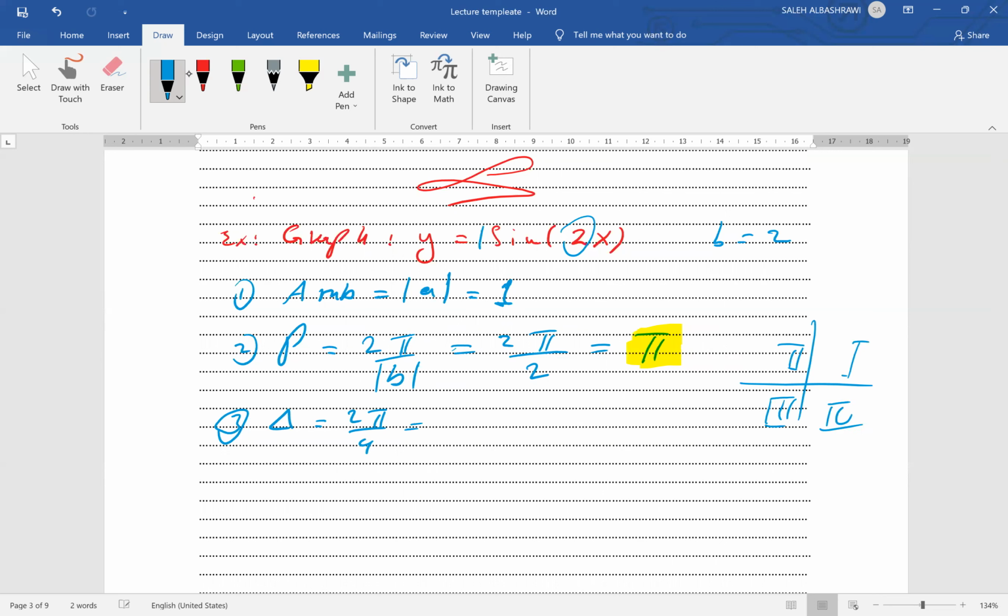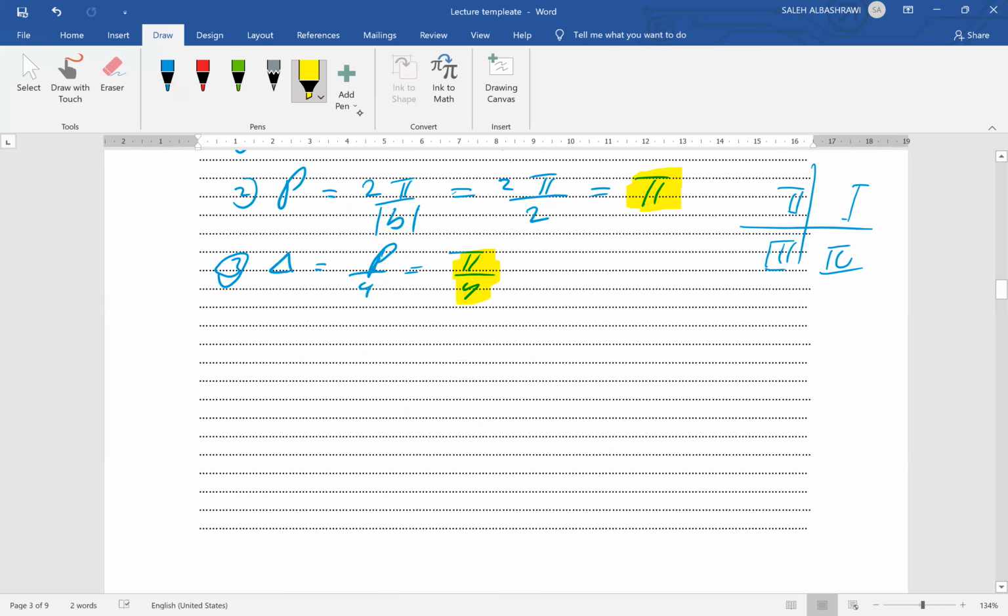So it is not 2 pi divided by 4. In this example, the period is 1 pi, so delta is pi over 4, not pi over 2. It means I have to find these values of x and y.